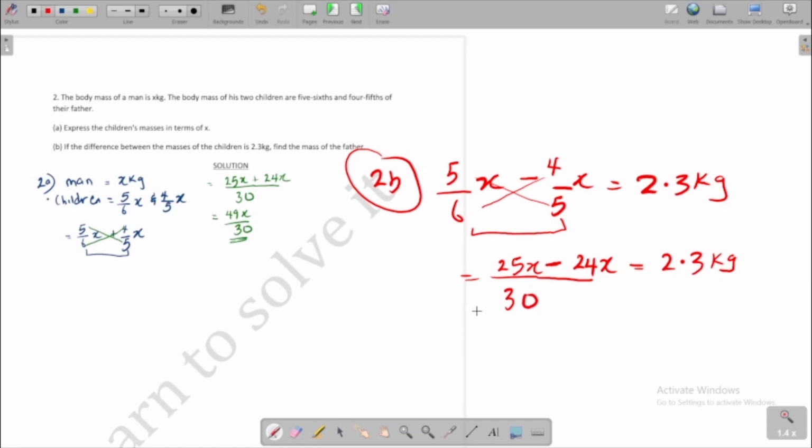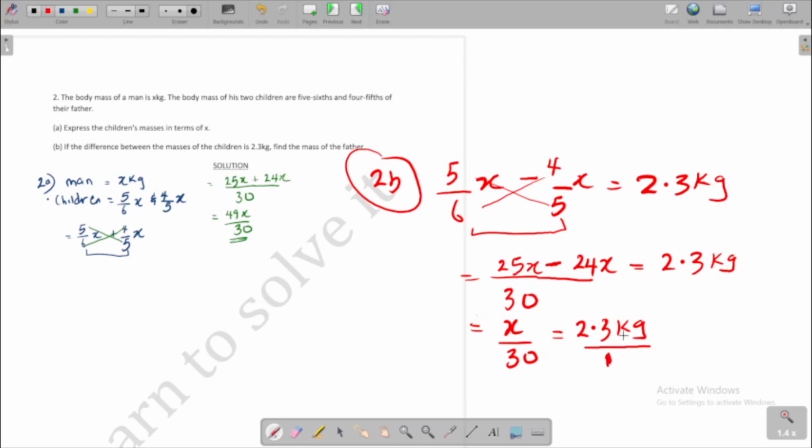So we have 25x minus 24x will give us x over 30 is equal to 2.3 kg. This 2.3 kg is the same thing as 2.3 kg divided by 1.